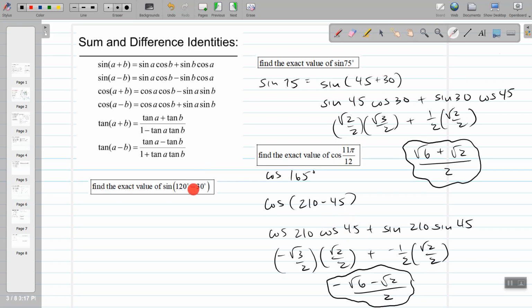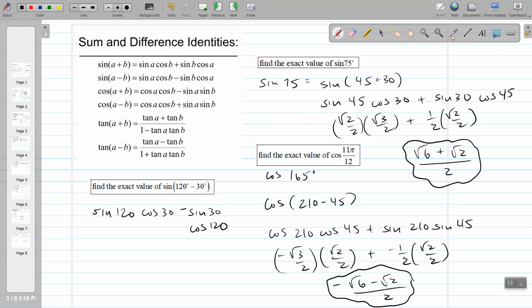And then for this example over here, notice you already have the numbers in here, so you're more than welcome to actually apply the formula. So this will be sine of 120 cosine of 30 minus sine of 30 cosine of 120.